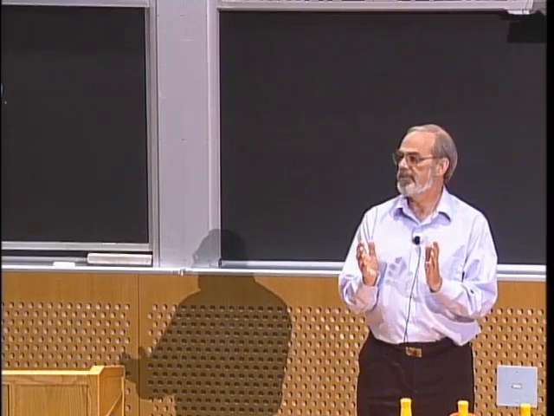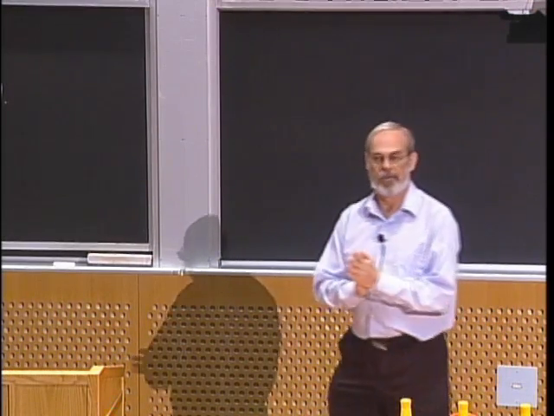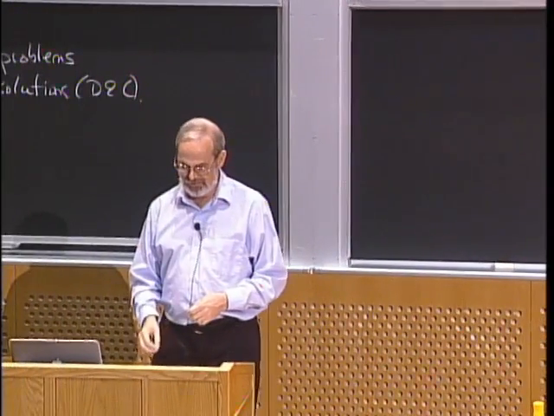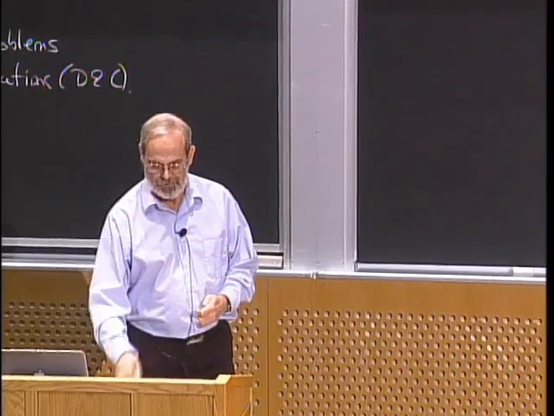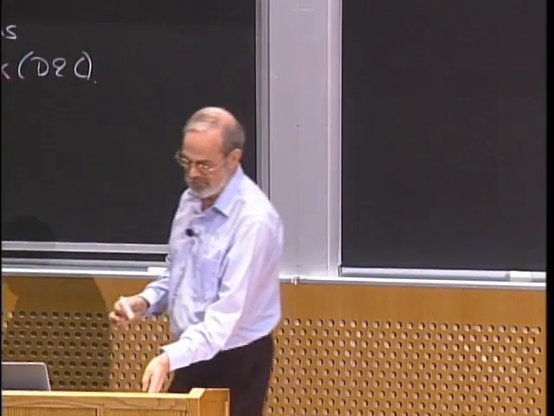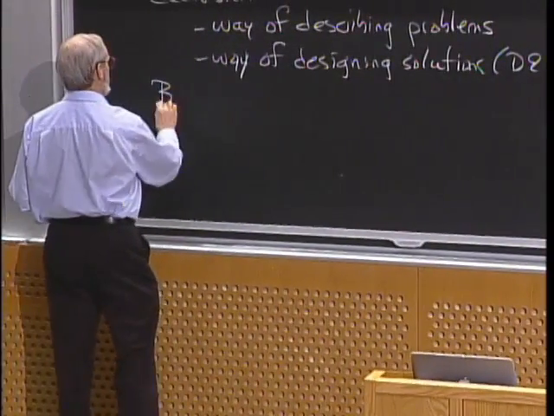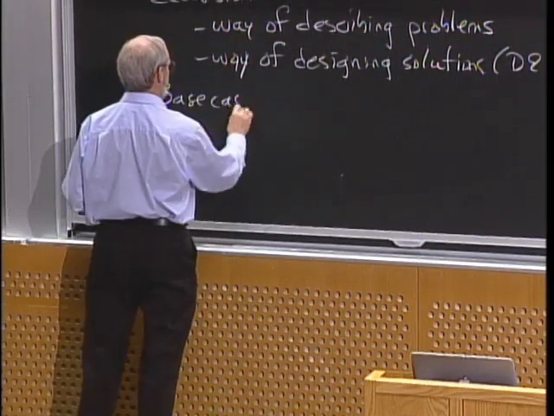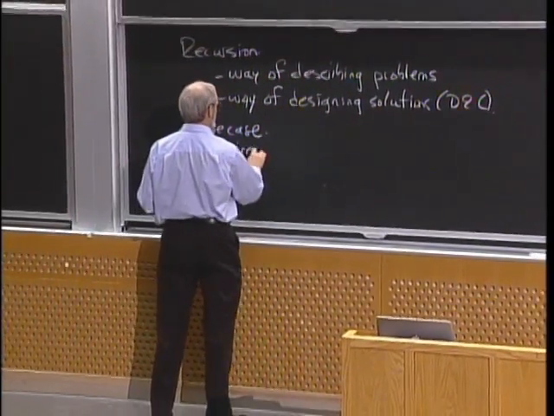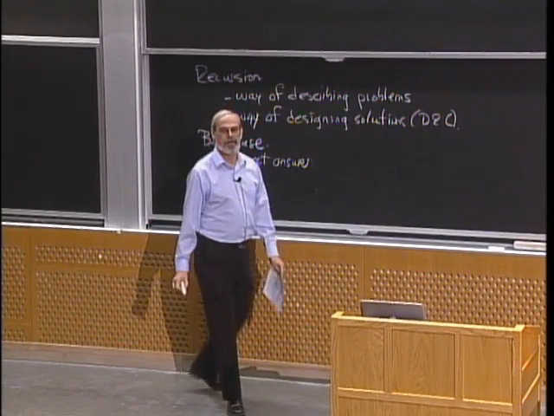There's what we call a base part, which typically describes the simplest version of the problem. And then there is an inductive part that tends to describe how you reduce the problem to simpler versions of the same problem. So in fact, let me write those both down. We have what's called a base case, and this typically gives us a direct answer.